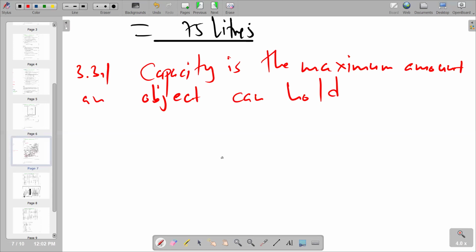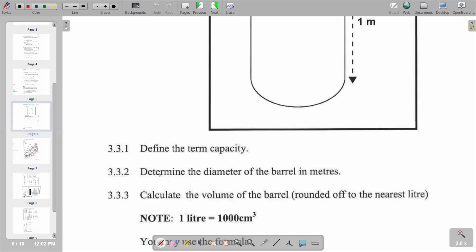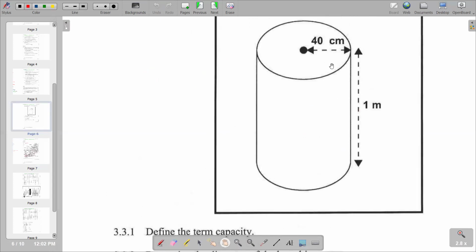Then we go to the next question, which is going to be 3.3.2. Determine the diameter of the barrel in meters. So for the diameter, we are given the radius is 40 centimeters, as we know that radius is equal to half the diameter. And it also converts to diameter is equal to radius times 2.